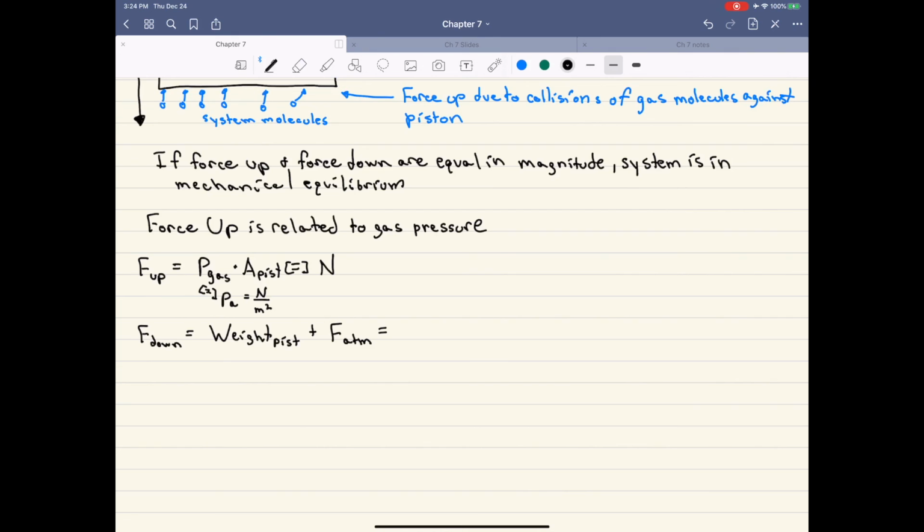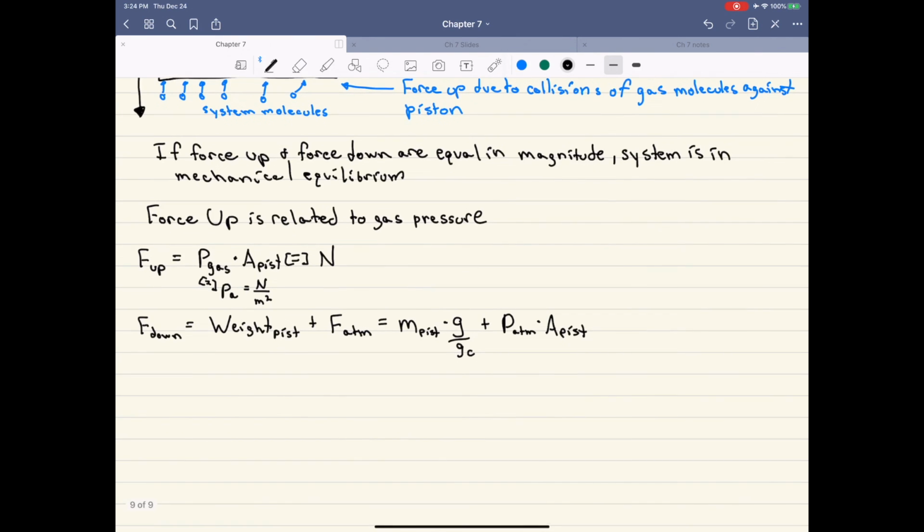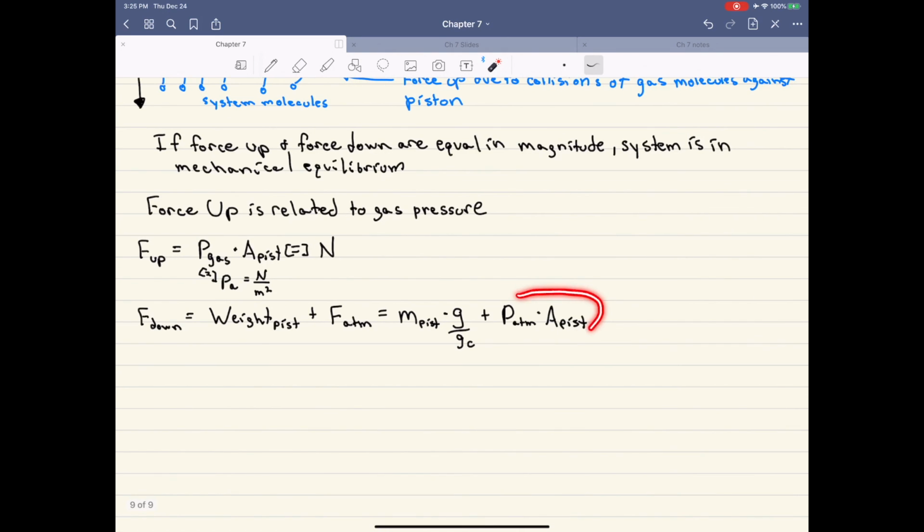The weight of the piston, as you'll remember, is just the mass of the piston times the gravitational acceleration divided by gc, depending on the units that you have, and then plus the atmospheric pressure times the surface area of the piston. All right? So that's similar. The gas acting downward has a similar form as the gas acting upward.